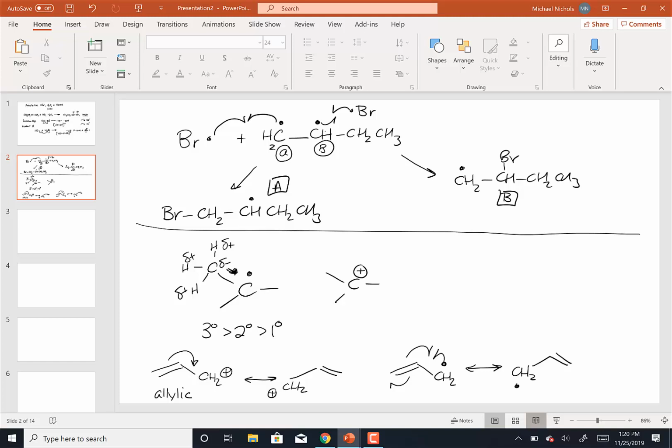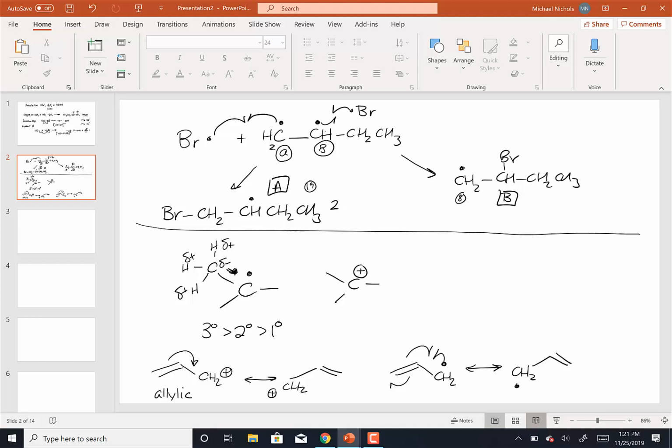We've moved to 19 A's and 8 B's. Why A? Because A gives a secondary radical.